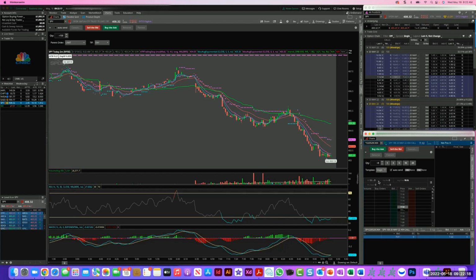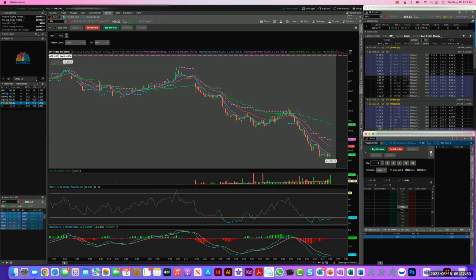Send to green, and then it places the option I've selected, in this case the 404 May 20 call for SPY at $7.12. So when the market opens and it starts trading, I get the time of sales and price in this column, and then I get the bid and ask, the number of orders available, including the number inside here.